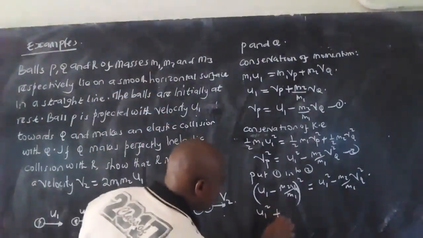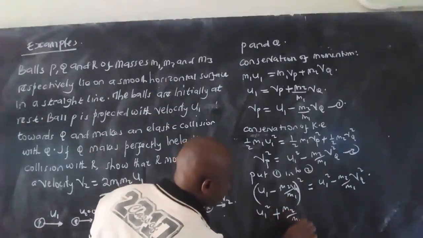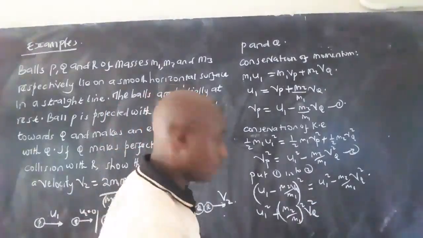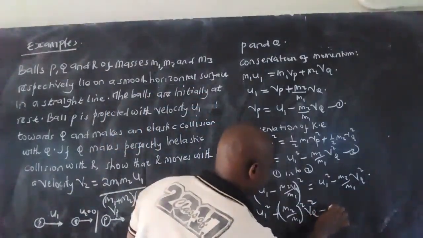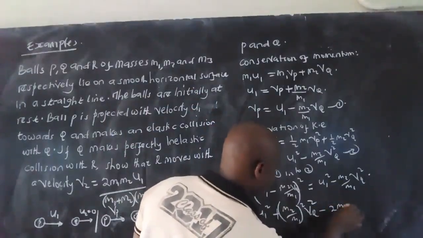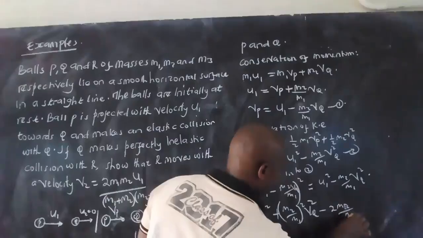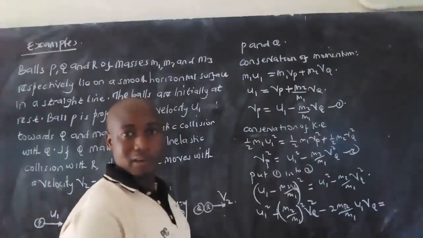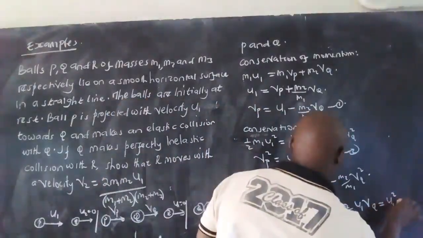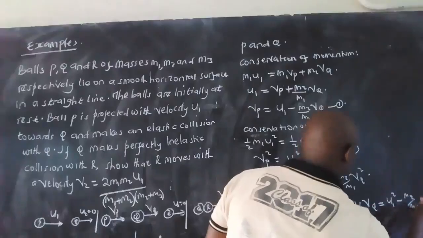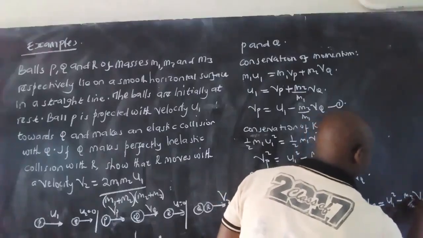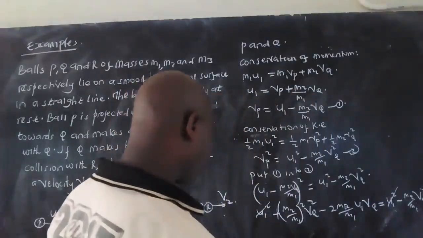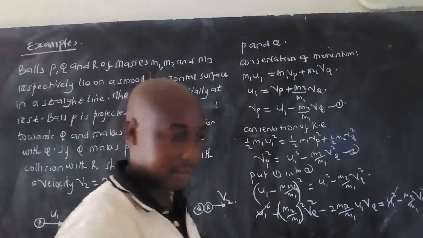So we shall have U1 squared plus M2 over M1 squared V2 squared minus 2 M2 over M1 U1 V2. The right side gives us U1 squared minus M2 over M1 V2 squared. So U1 squared will cancel with this. What else is cancelling? Okay, nothing.